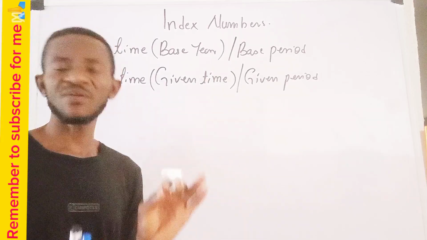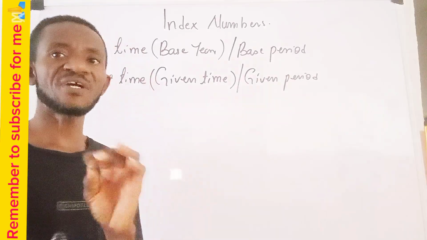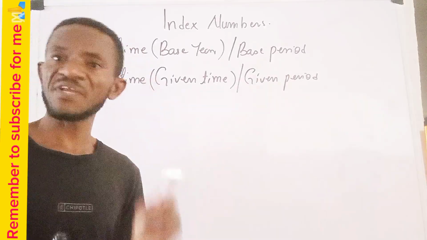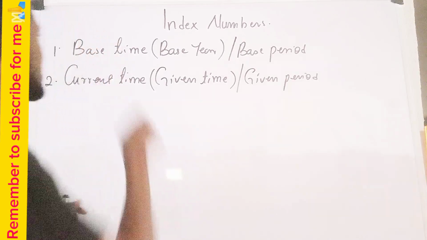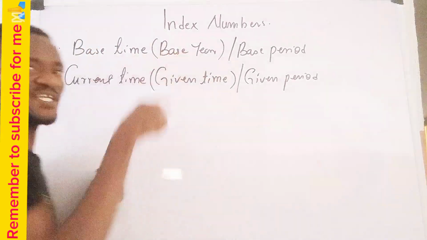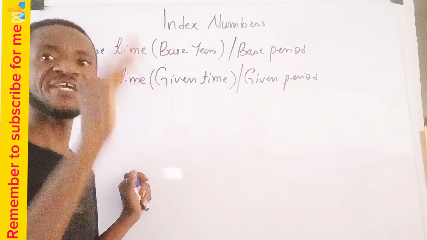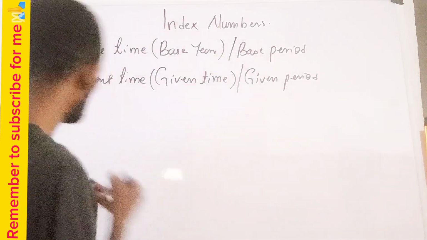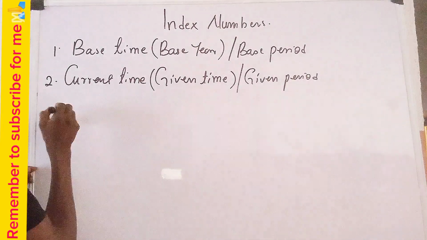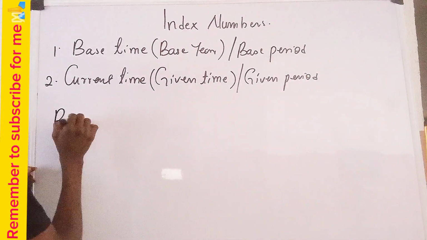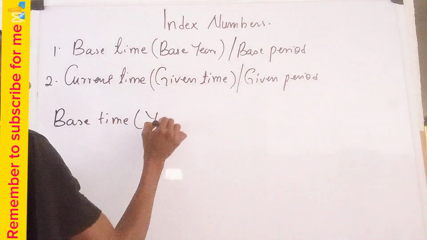And then in the calculation of an index number, we are going to make reference. In the calculation of an index number, this base time or base year is chosen to be the reference time or the reference year. So I have the base time here, or year.